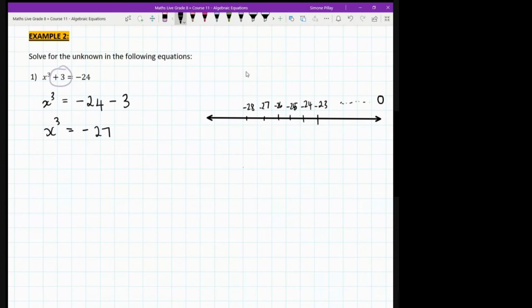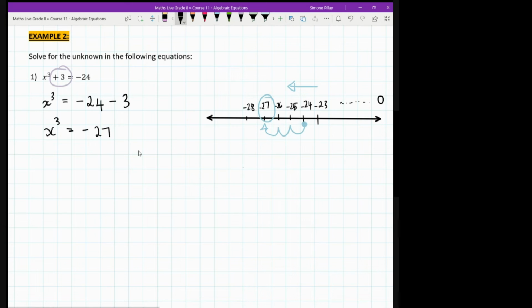We had -24, so that's where we started. We needed to subtract 3. When we subtract, we go to the left on our number line. So 3 bunny hops. And we end up on -27. So that's how we did that.